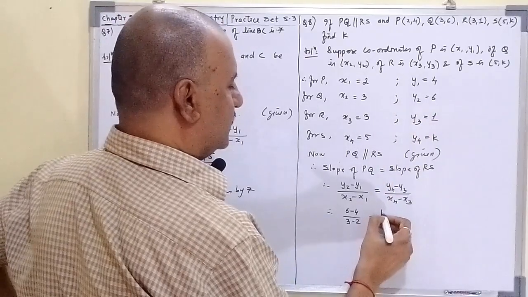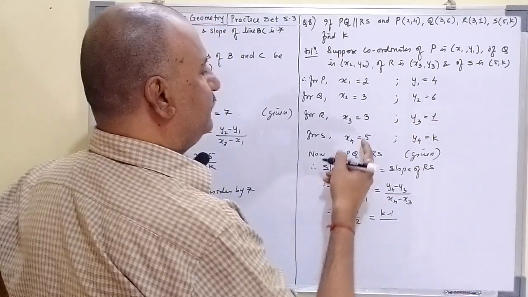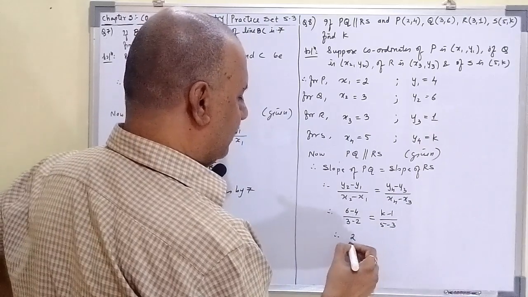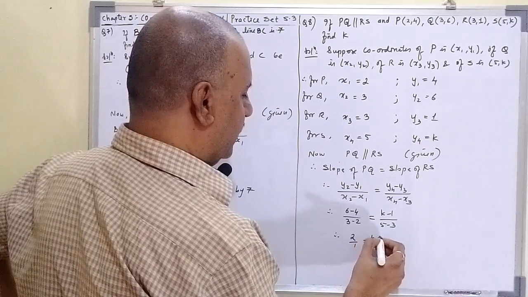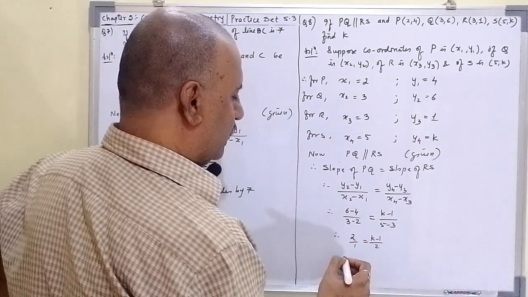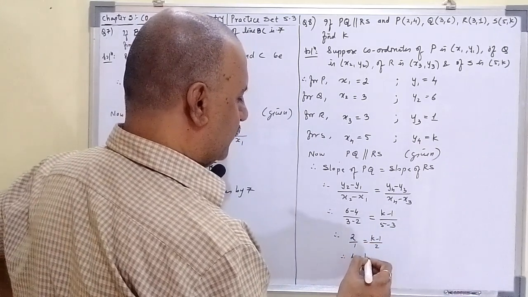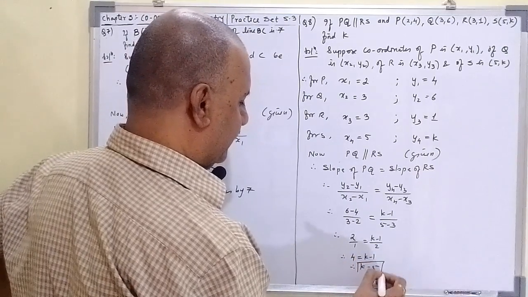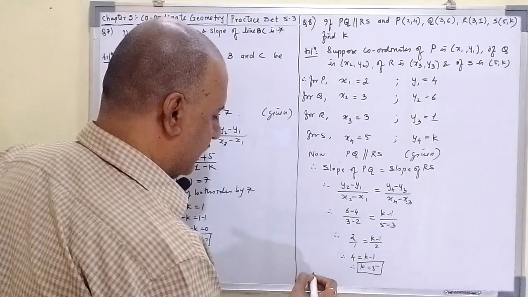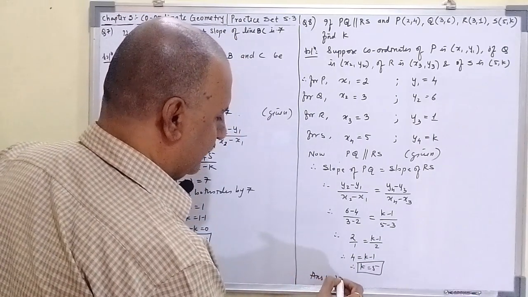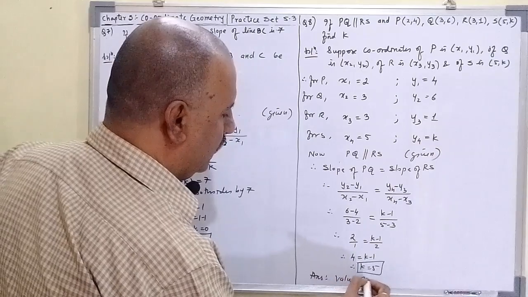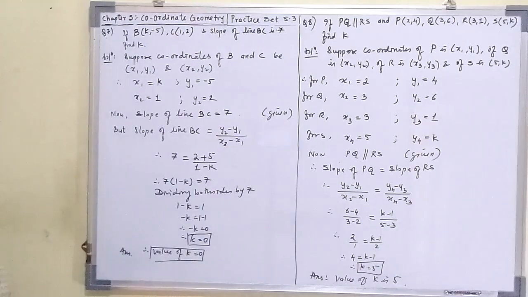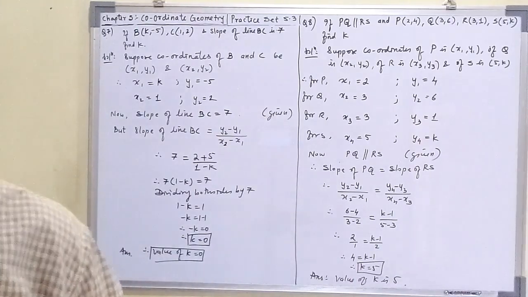K minus 1 upon 5 minus 3. तो यह आता है 2 upon 1 equal to k minus 1 upon 2. So we get 4 equal to k minus 1. Therefore k equal to 5. Answer. Value of k is 5. With that we complete 5.3 practice set.